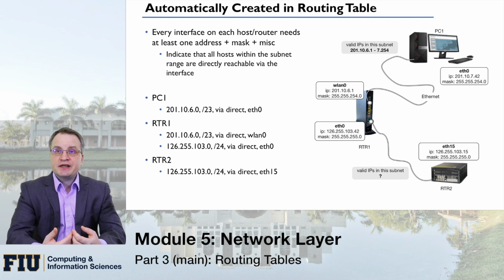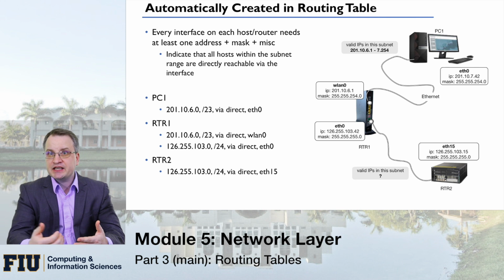This automatic creation of entries is via configuration of the interface. Remember, from the previous part, I was saying that each interface has to have at least one IP address and network mask associated with it in order to start communicating using the IP protocol. To do so, you have to configure those things. As soon as you configure the IP address and network mask, this automatically creates an entry.